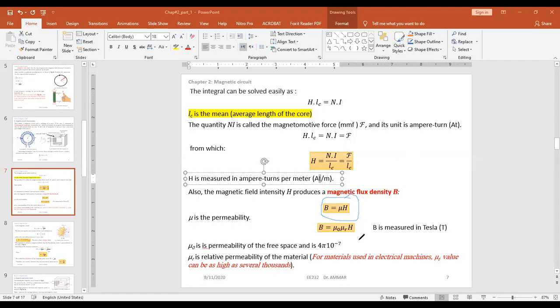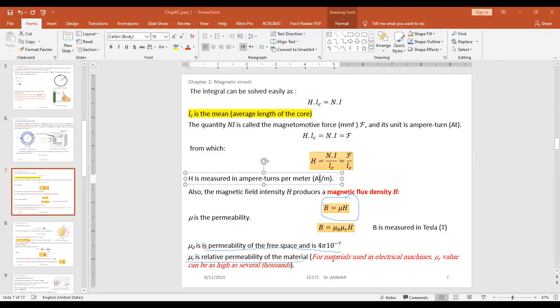And mu equals what? Mu equals mu zero multiplied by mu r. Mu zero is the permeability of the space, or of the air, and mu r is the relative permeability of the material.